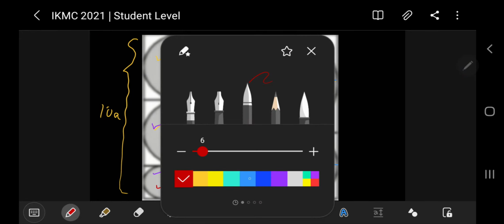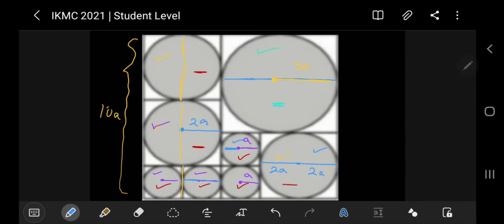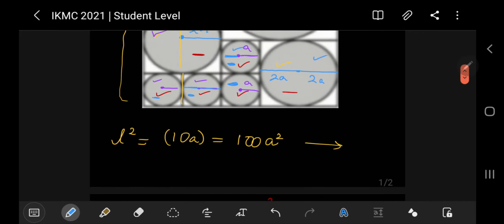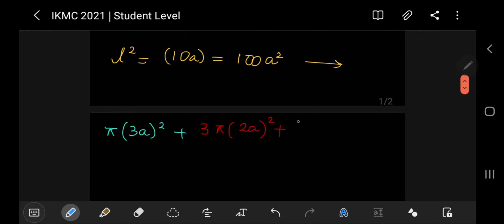Now remaining we have the four smallest circles. Let's quickly figure out that too. We have these four circles, and the radius of one of them is a, so the area for four of them will be equal to 4 pi r squared, and since r is a, it's a squared. Now let's add this up.